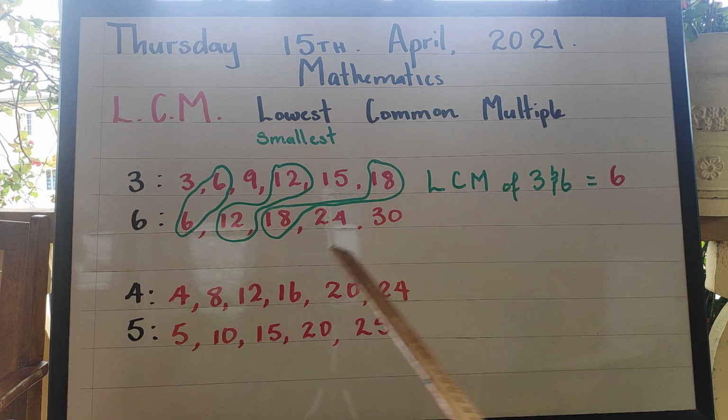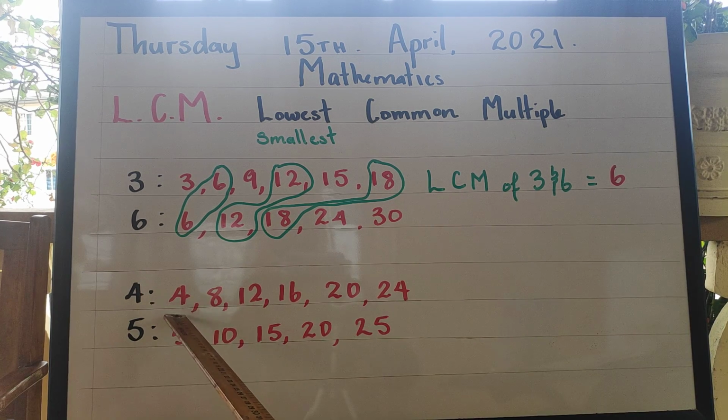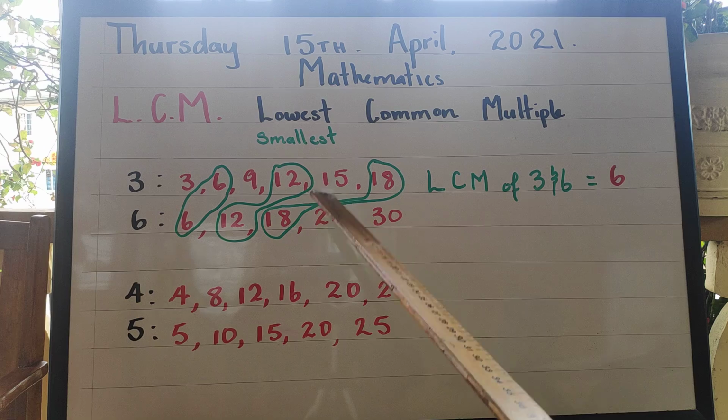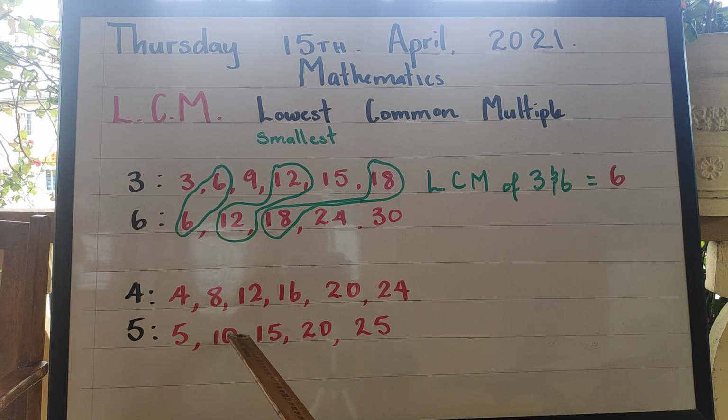We have 4 and 5. First step, we write down the multiples. 4, 8, 12, 16, 20, 24. Let's write down the multiples of 5: 5, 10, 15, 20, 25.